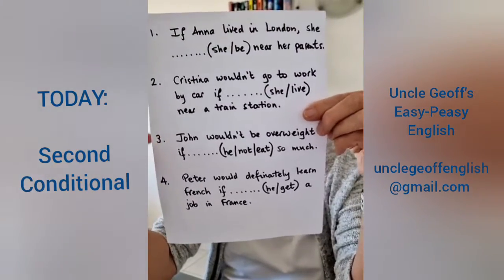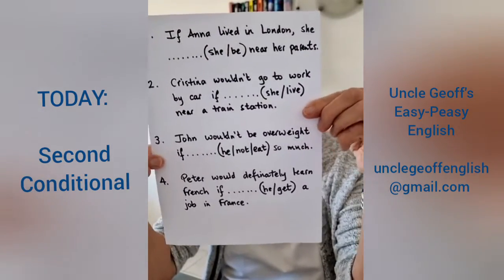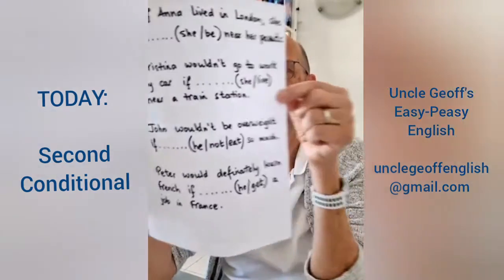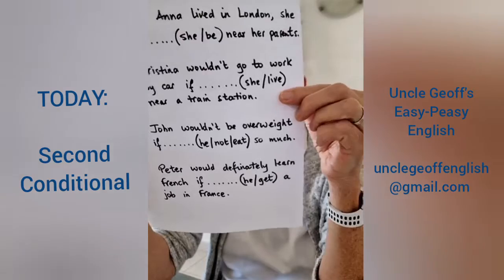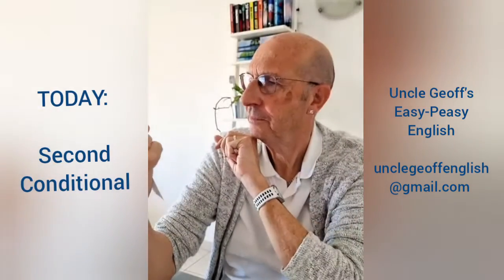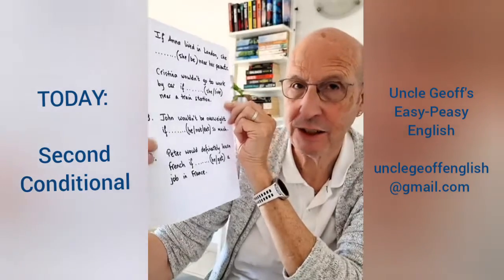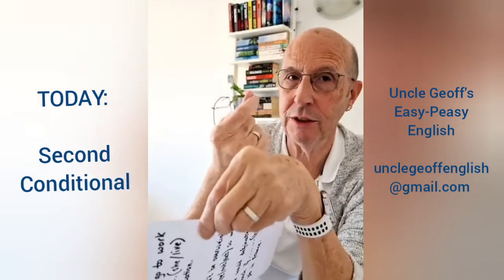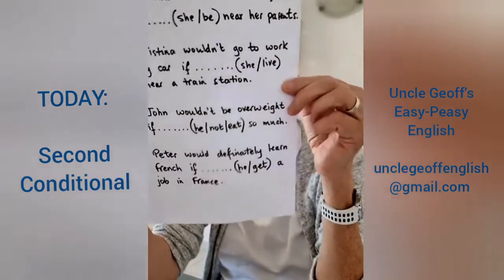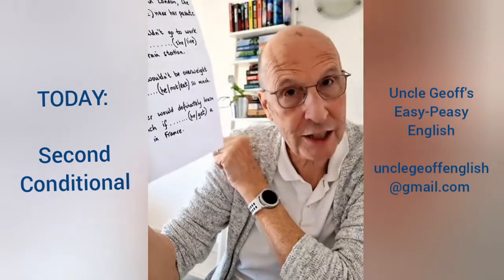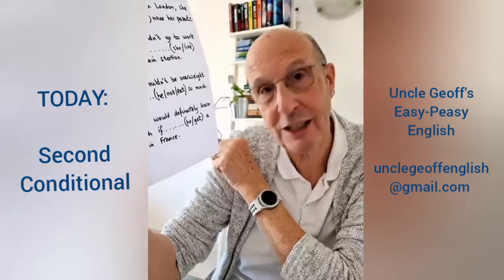All right? Number 3, John wouldn't be overweight if he didn't eat so much. Didn't. Is he overweight? Yes, he is. Why is he overweight? Because he eats so much.